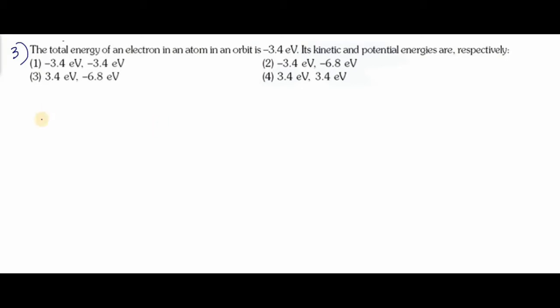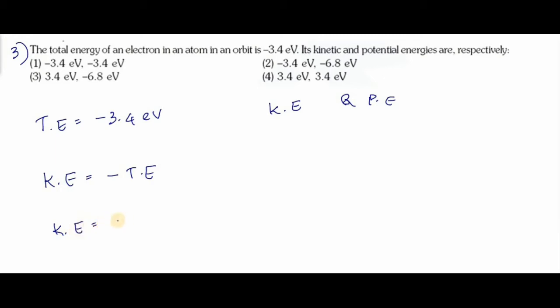So they have given a total energy equal to minus 3.4 electron volt, and they are asking what the kinetic energy and potential energy are. We know kinetic energy is equal to the negative of the total energy. So here the kinetic energy is equal to minus of minus 3.4 electron volt, which is equal to 3.4 electron volt.